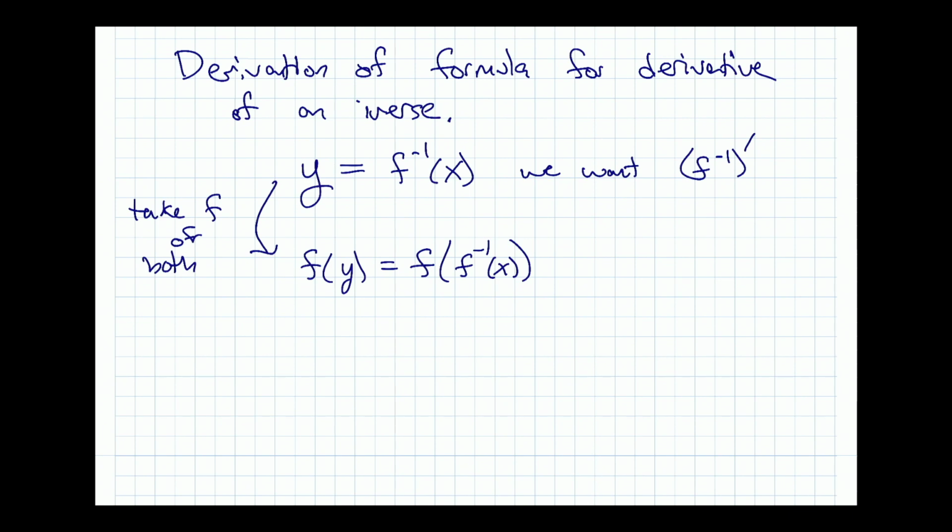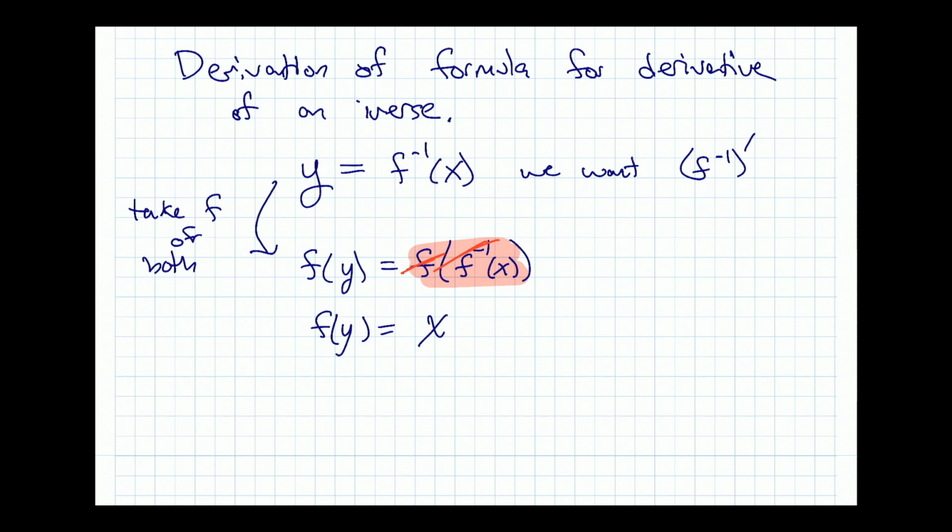So far so good. Now what happens here? You have f of f inverse of x. Those cancel, because the property of inverse functions says that they cancel each other out. So you have f of y equals x.